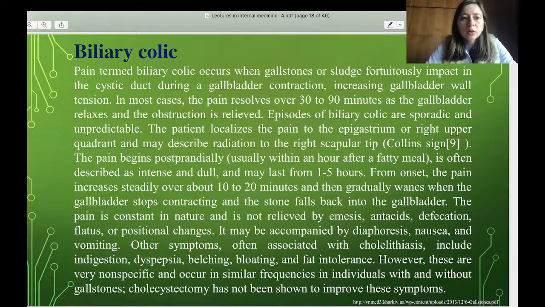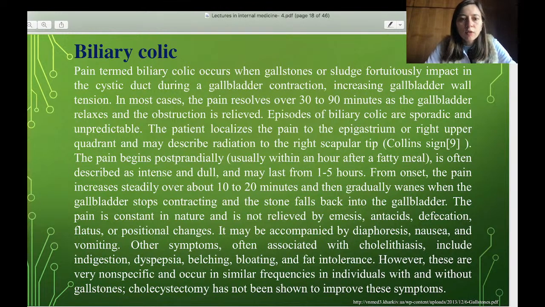The pain is constant in nature and is not relieved by enzymes, antacids, defecation, flatus, or positional changes. It may be accompanied by diaphoresis, nausea, and vomiting.